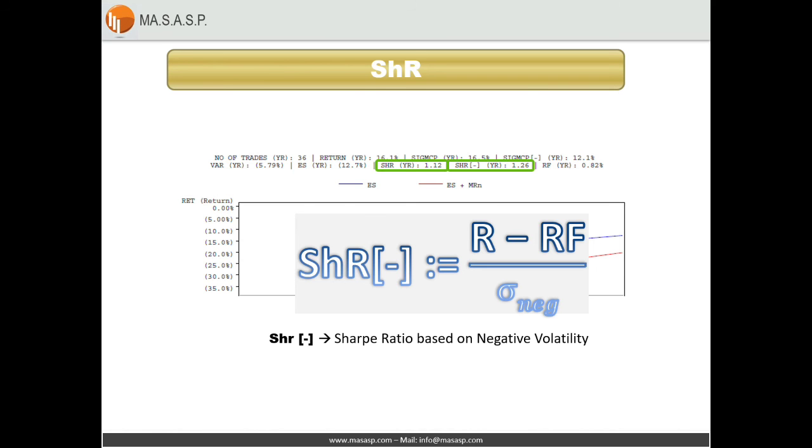Due to the absolute return character of our system combination, the negative volatility is smaller than the overall volatility. Then the refined Sharpe ratio is bigger than the regular one. That means that our system, already deemed as optimal, turns out to be even better.